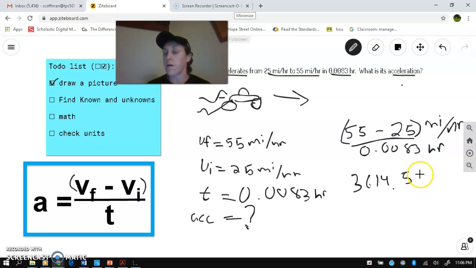Now remember, it is miles per hour squared, because we are changing our speed over a duration of time. And remember, speed is distance over time. So again, it's miles per hour per hour.